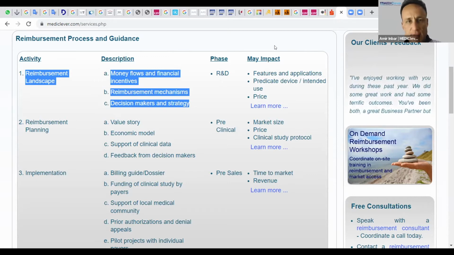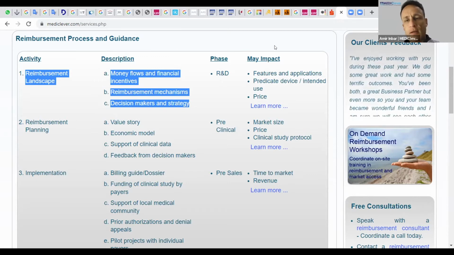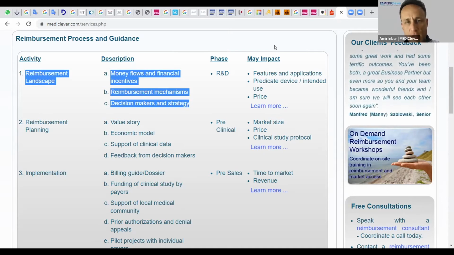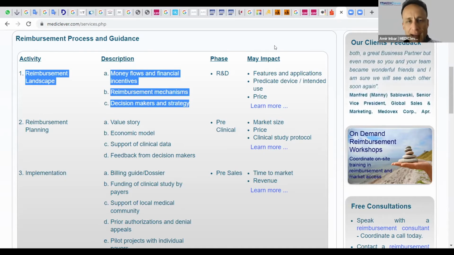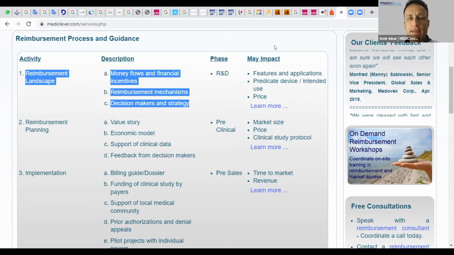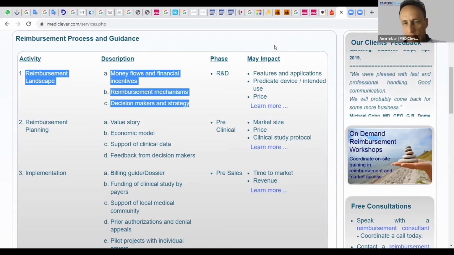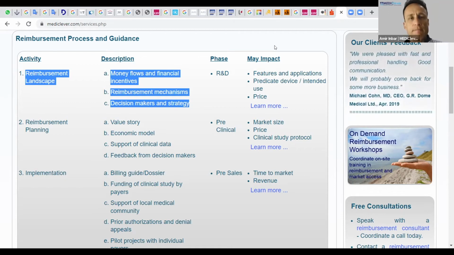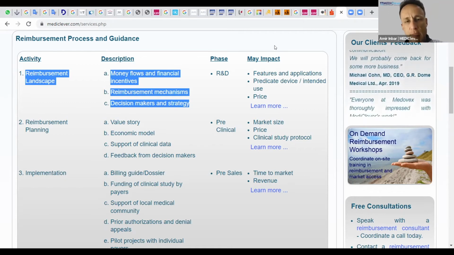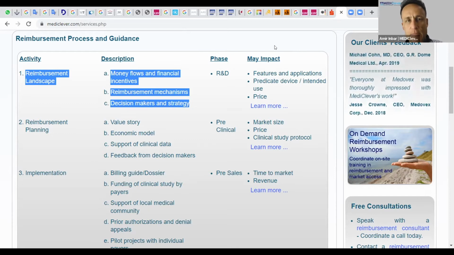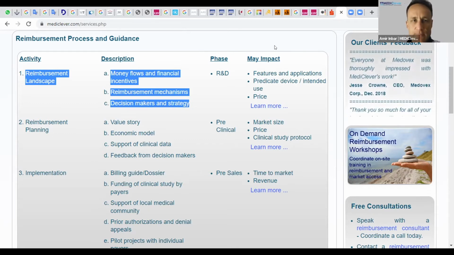And as I said, this would have a huge difference on the amount of money that you need to raise, your time to market, the amount and type of clinical studies that would need to be conducted. So it's a totally different company when you're considering commercialization under existing reimbursement mechanisms or developing new ones.